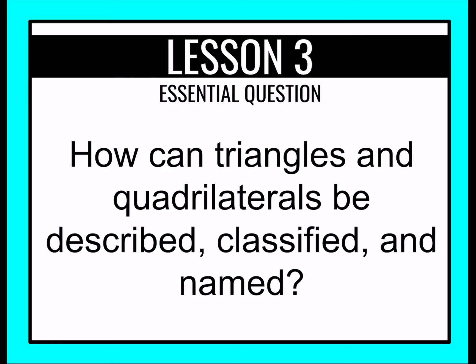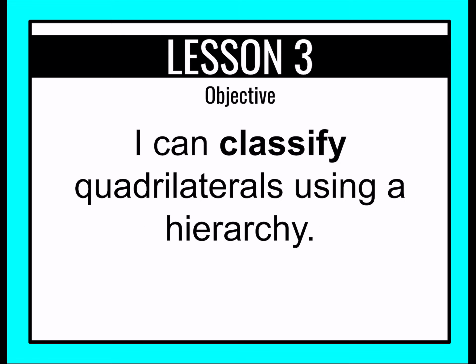Okay, so if we jump to lesson 3, again, we're talking about how we can classify triangles and quadrilaterals, how we describe them, how we classify them, how we name them. I can classify quadrilaterals using a hierarchy, meaning that if you remember yesterday, we looked at a diagram with a bunch of circles and how they fit in, how some were a part of a few different things, like a square is a quadrilateral, it's a parallelogram, it's a rectangle, it's a rhombus, and it's a square.